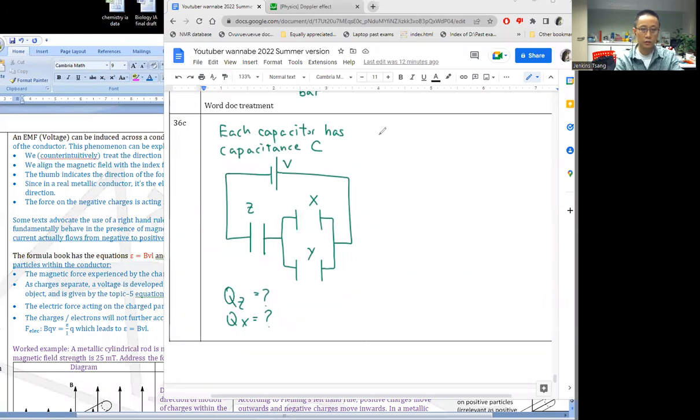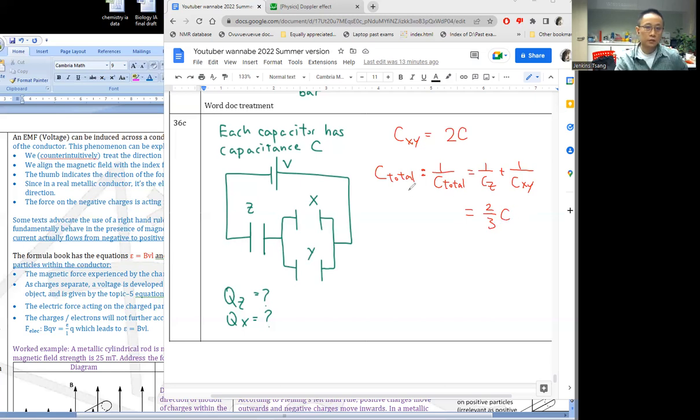Well, they're all C. X and Y are in parallel, so the effective capacitance is just a simple sum, whereas Z is in series with the parallel system, and we will have to use the reciprocal formula. And you guys can work it out. It's actually 2/3 C.